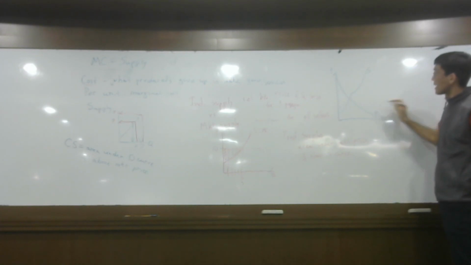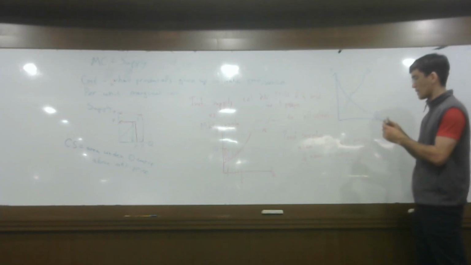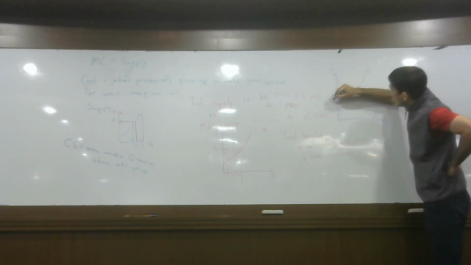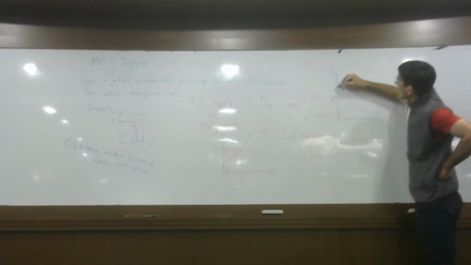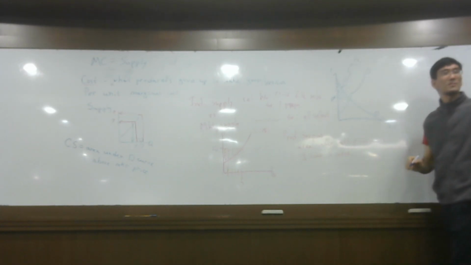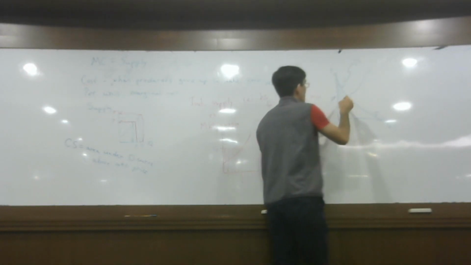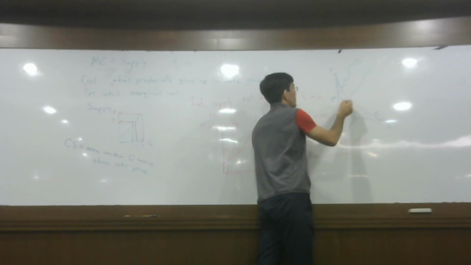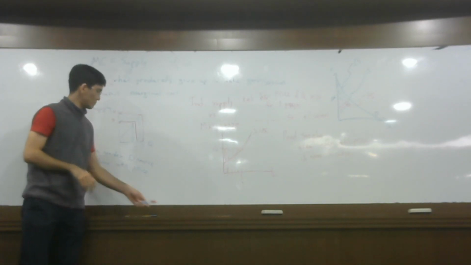Supply, demand, there's the market price. I'll put P star there. So all of this area is a consumer surplus, the blue area. The red area is a producer surplus.